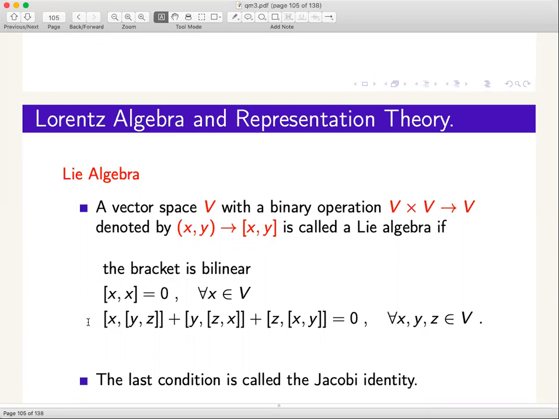You could write down a complicated algebra, in which case such a thing wouldn't happen. Not all algebras that you would define with this kind of relation would necessarily close. Right now I have not mentioned something, but these are finite dimensional Lie algebras.